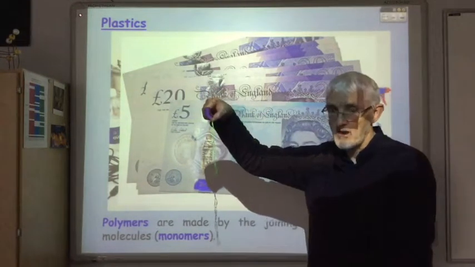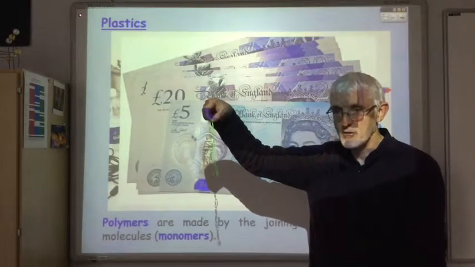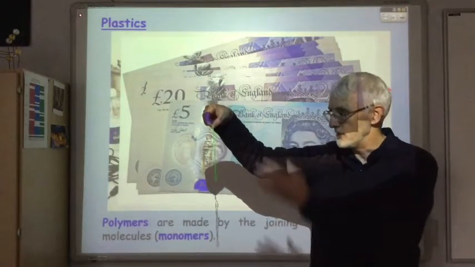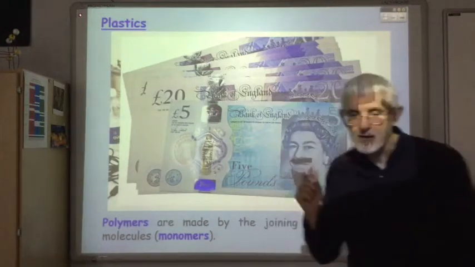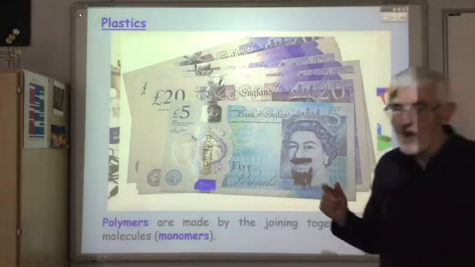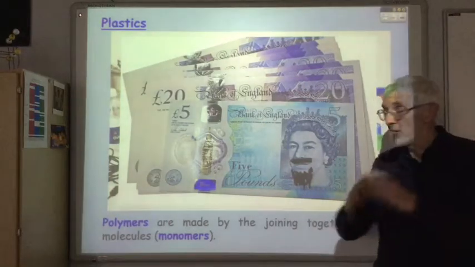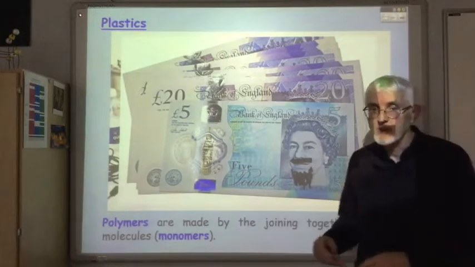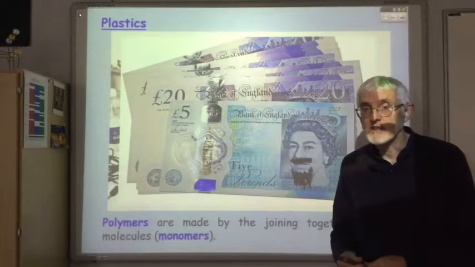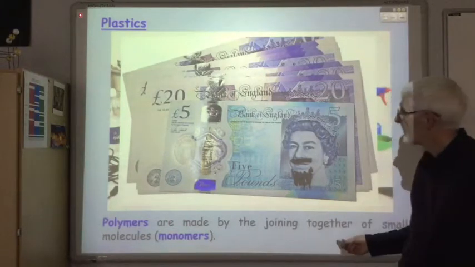A long chain would have billions of paper clips or monomers joined together, not just half a dozen. So the monomer is a small unit, and if you join together billions of them, you form this huge molecule called a polymer. And the process we are going to look at is called addition polymerization.